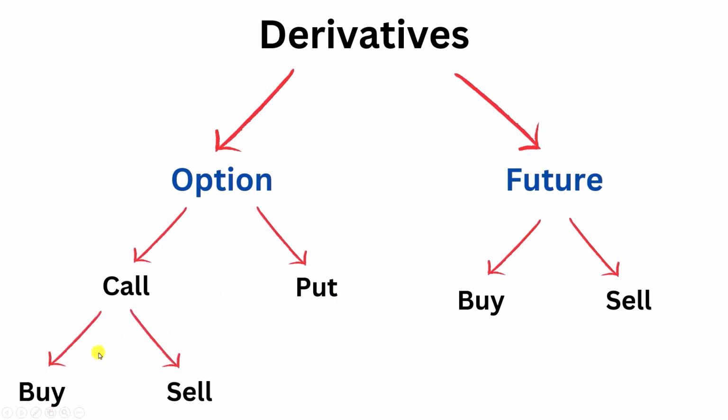And you can buy a call option or sell a call option. And in the same way, you can buy a put option or you can sell a put option. Alright? So in futures, you have just buy and sell, whereas in options, you have call and put, where in both you can buy or sell them.